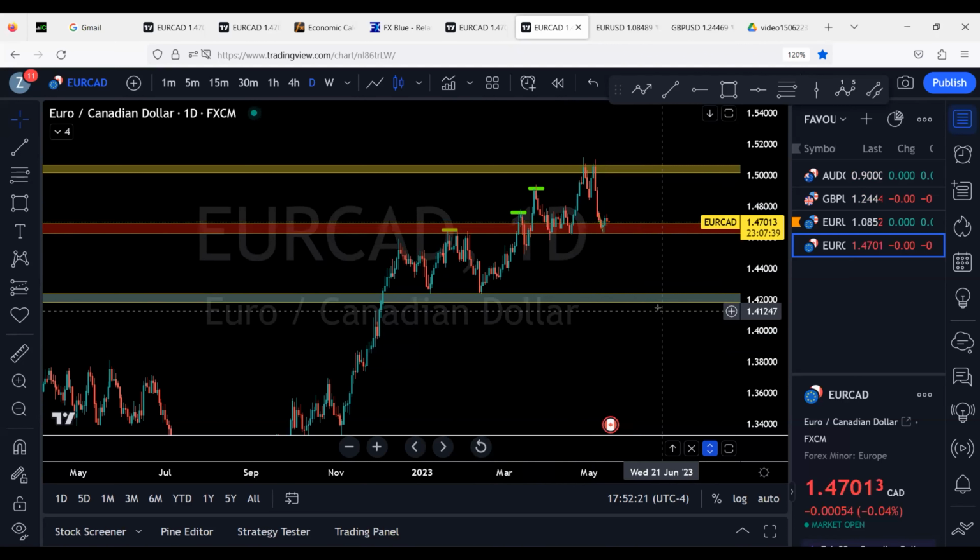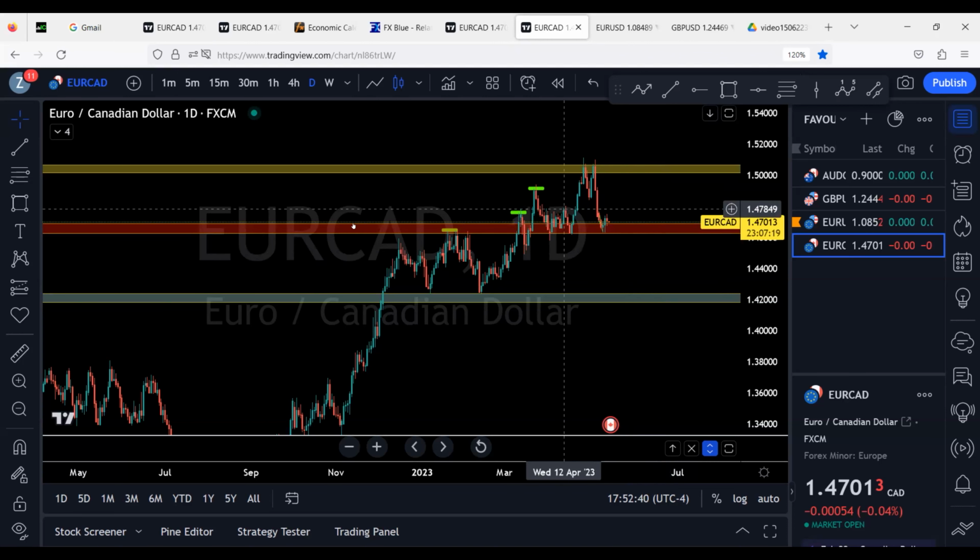The more criteria that are fulfilled, the better this level is going to be, right? And if you understand where they are and how to draw them up, you become a better trader because you're going to know when to enter your trade and when to exit. You're not going to be taking any trades around this area.